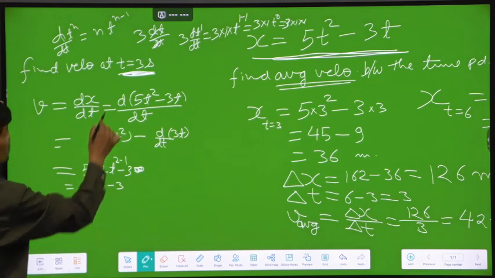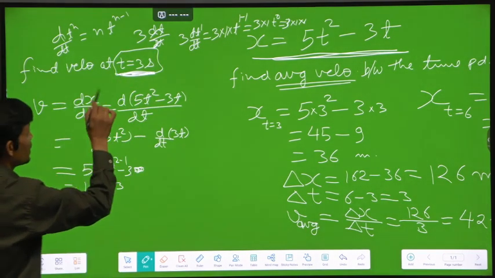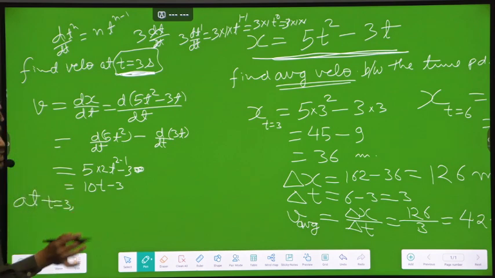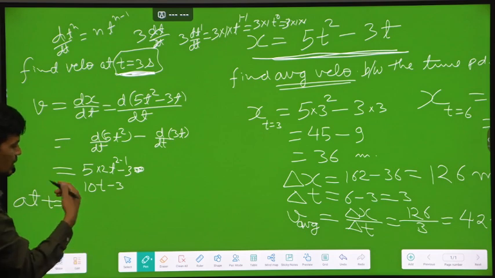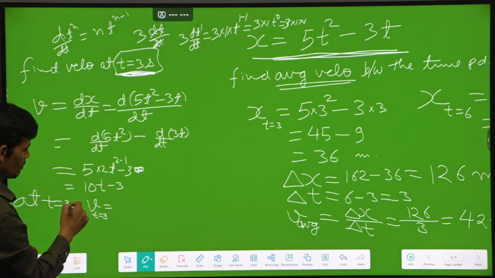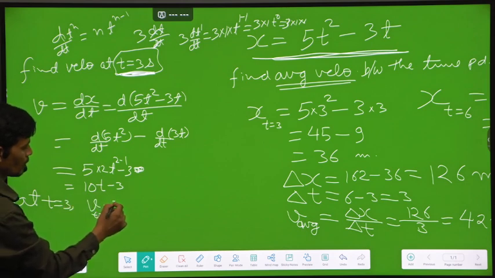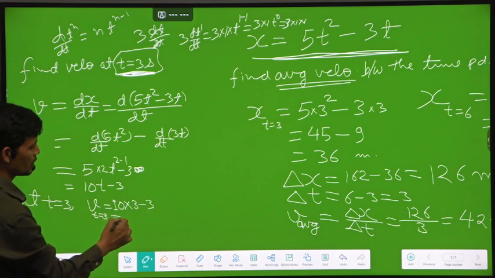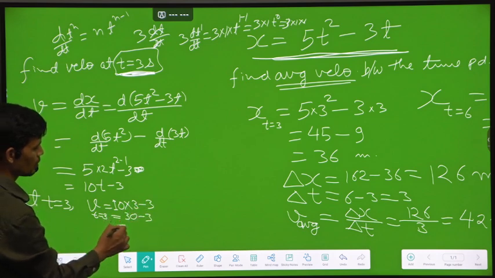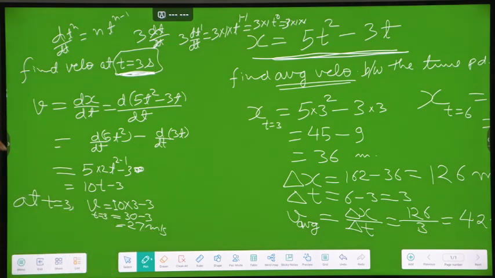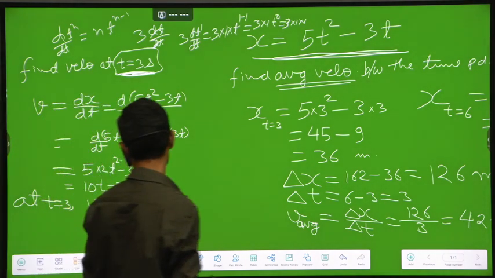But they have asked us to find it at t equal to 3. Now at t equal to 3, in fact at any time, we can find it just by replacing t. 10 multiplied by 3 minus 3, at this particular moment its velocity is 27 meter per second.